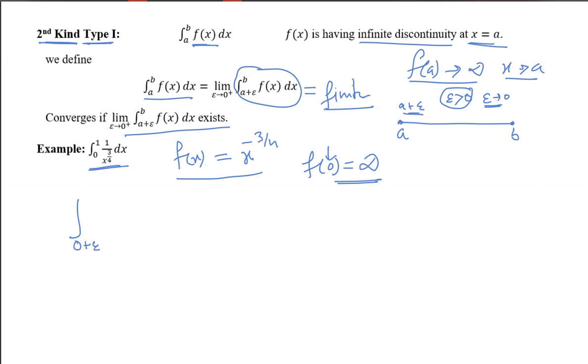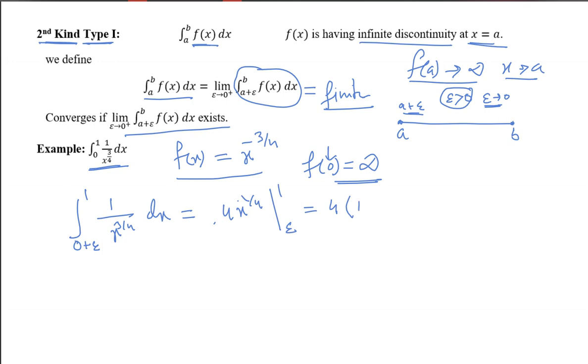So what we'll do, we first add some very small value epsilon here to 1, and then simply integrate this one. So you will be having what? 4 into x to the power 1 by 4, that is, x to the power minus 1 by 4 integrates to x to the power 1 by 4 over 1 by 4. This is from epsilon to 1.